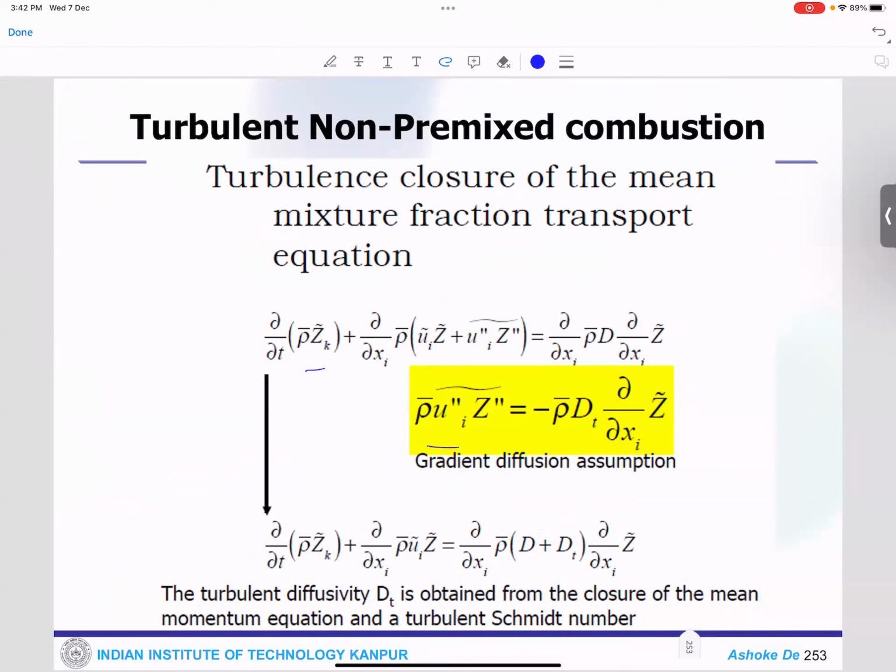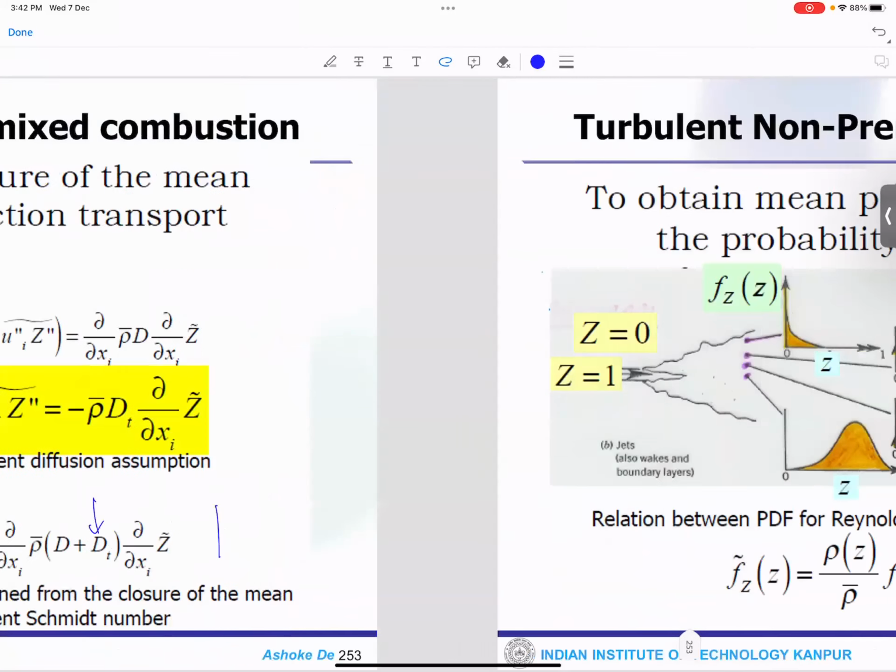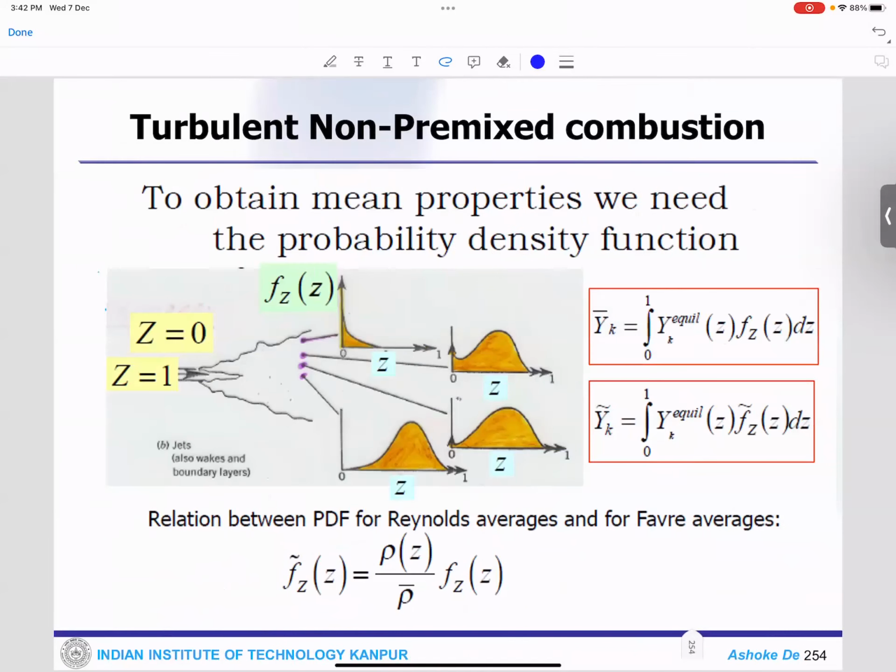This is what the final equation will look like, which takes into account the information of turbulent diffusivity. When you take into account the turbulent diffusivity, it incorporates the effect of turbulence back into the system. And then how are you going to get that information?